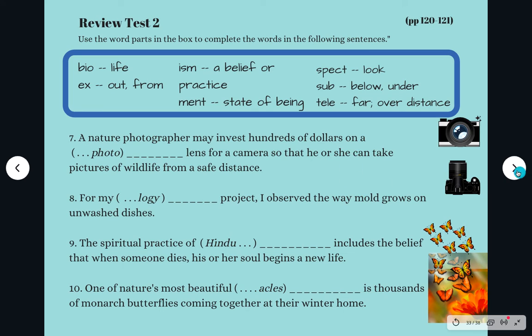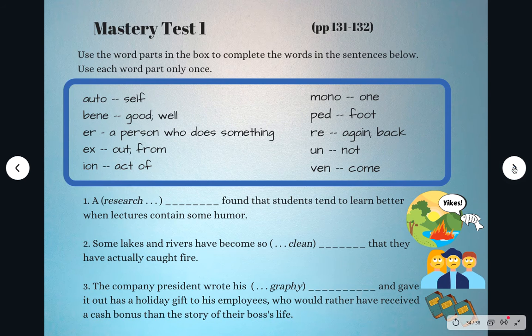Okay, keep going. Mastery test 1. Use the word parts in the box to complete the words in the sentence below. Use each word part only once. We have auto, bene, ex, ion, mono, ped, re, un, and ven. And the definitions or the meanings are right up there.